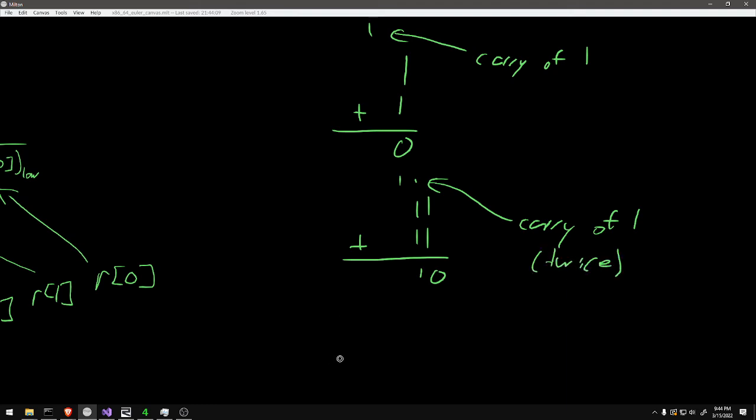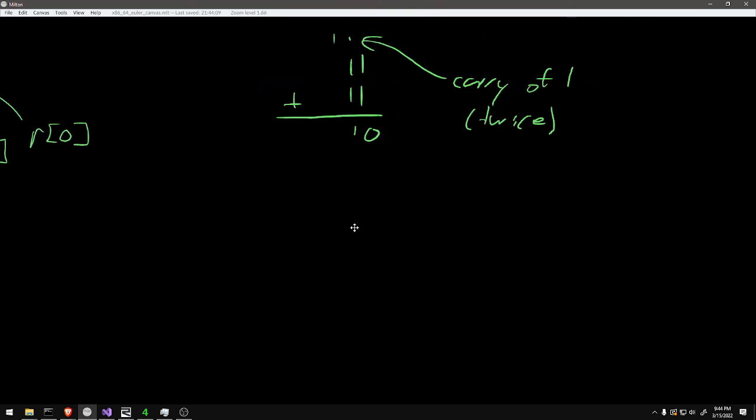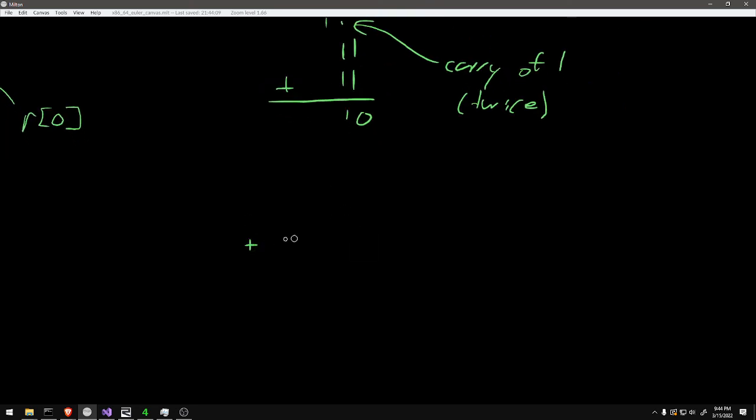There's nothing I can do if I'm just adding 2 of these things. No matter what I do, 1, 0, 1, 1, 1, 1, 1, 1, you always get a carry of 1. So however many ones you have, all you're talking about is 1 carry bit.